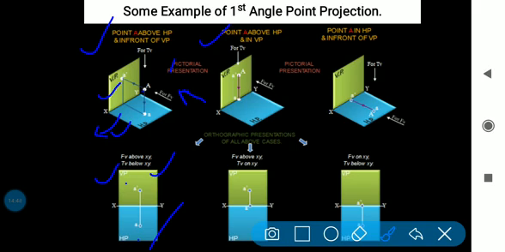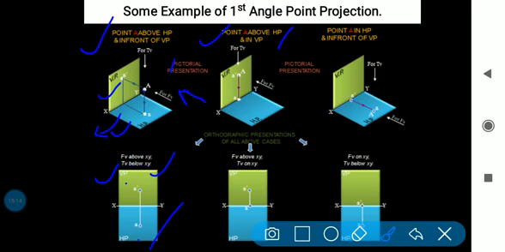This is the second problem. The point A is above the horizontal plane and in the VP. That means the object is placed in the first coordinate, some millimeters above the horizontal plane but lying on the vertical plane.